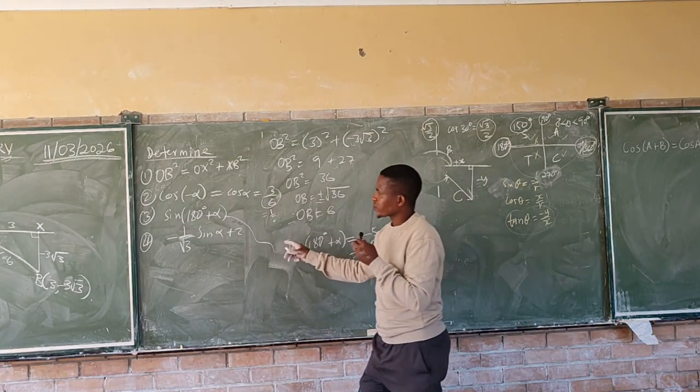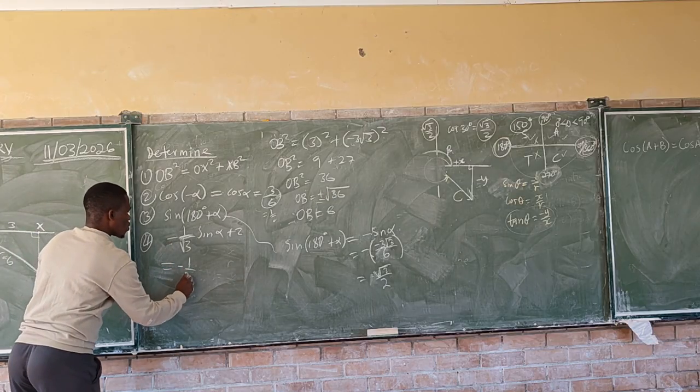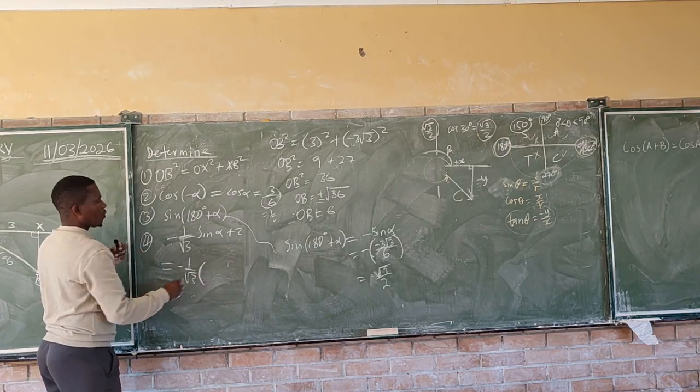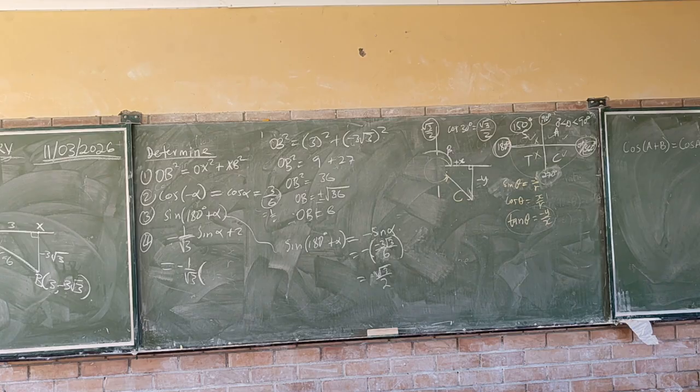The last one. Negative 1 over square root of 3, because we cannot substitute that again. But we have the sine of alpha. What will be the sine of alpha?